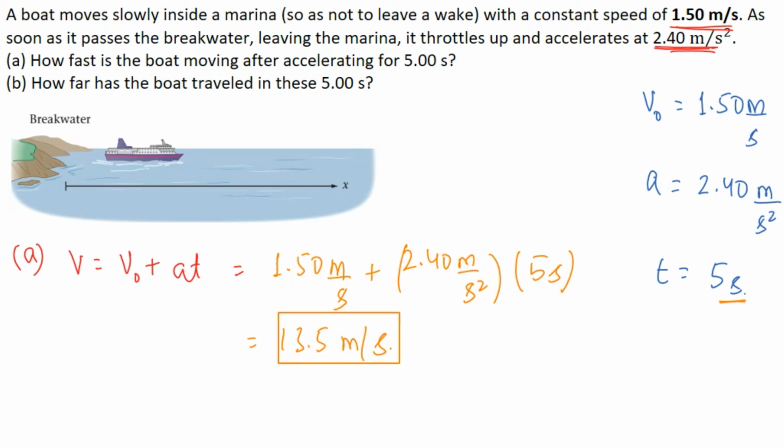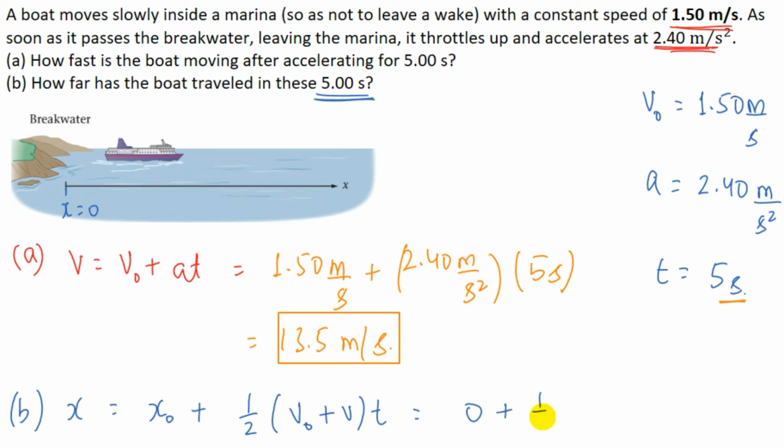Now in the second part, we have to calculate how far the boat has traveled in these 5 seconds. So to solve this, we can use the second equation that we have derived, which was x equals x naught plus 1 over 2 times v naught plus v, times t. Now x naught we have 0, because we are considering our motion from where x equals 0. So x naught is 0 plus 1 over 2.